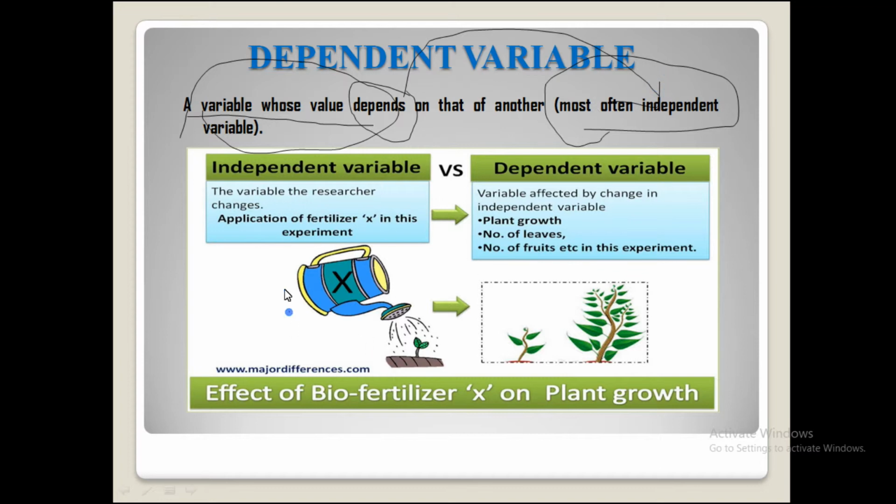For example, here is a watering can, and application of fertilizer X. In this experiment, the researcher tries to investigate the effects of the fertilizer on plant growth.